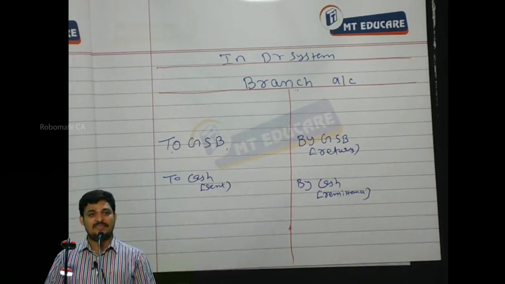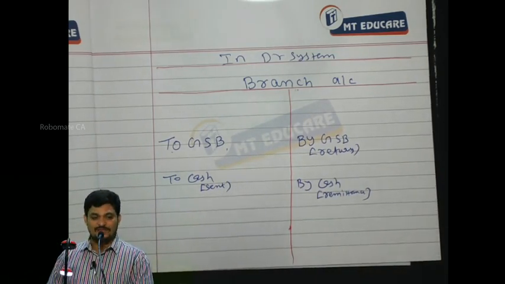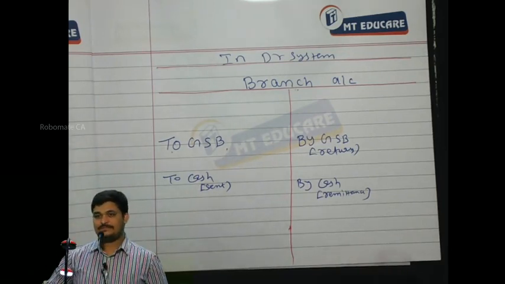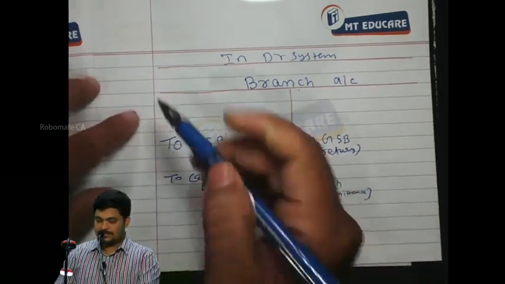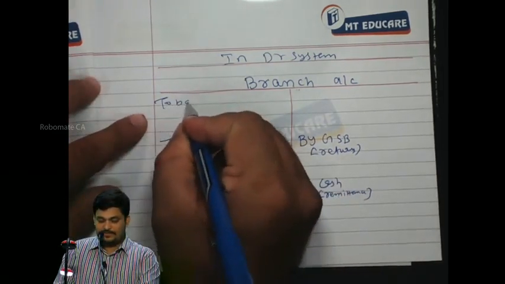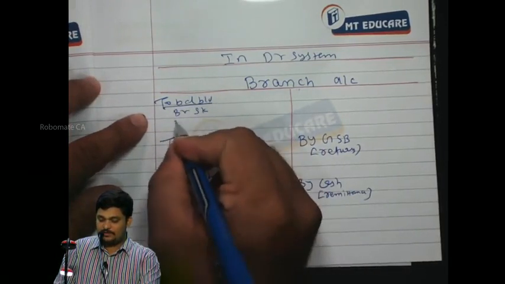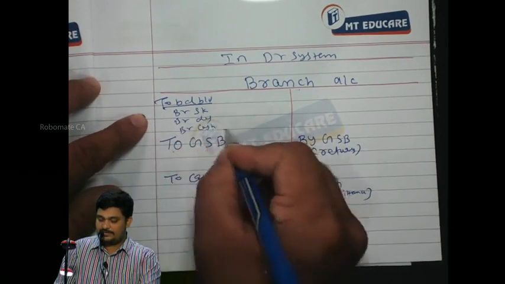So I will have assets related to sales, whatever assets exist. Which assets? Stock, debtors, cash and bank. So let us understand. We will have the opening balance of branch stock, branch debtors, branch cash.